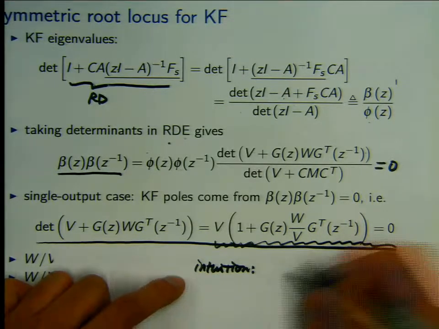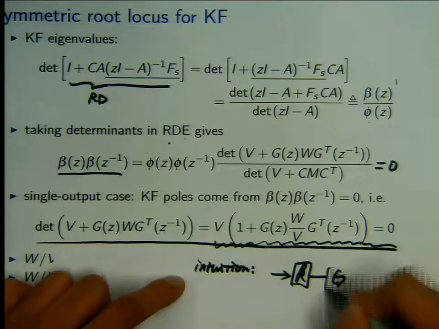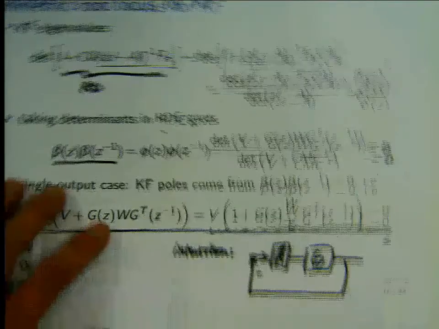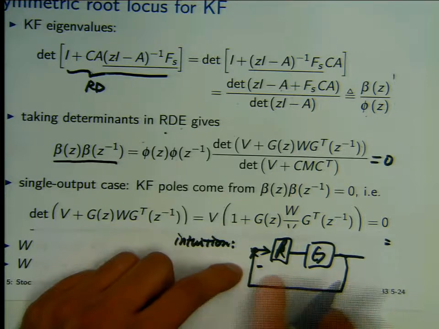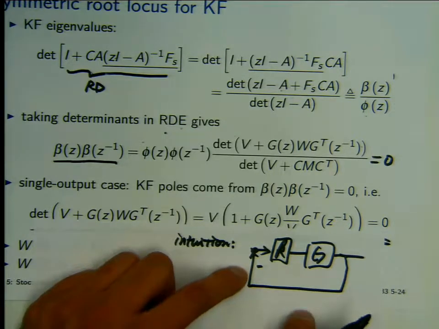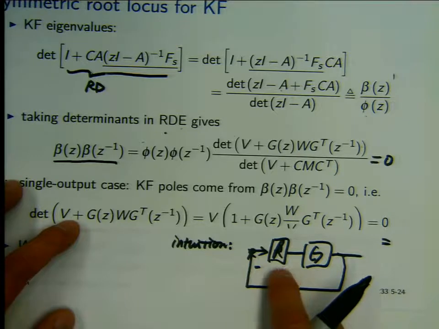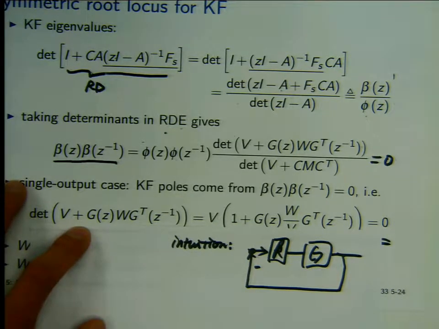What will happen if I have K, G in a closed loop system? What will happen if K is approximately 0? What are the closed loop poles for this system? That's the first question. Second question is, if the system is stable, what will happen if K is approaching infinity? What will be the closed loop poles of this closed loop system?